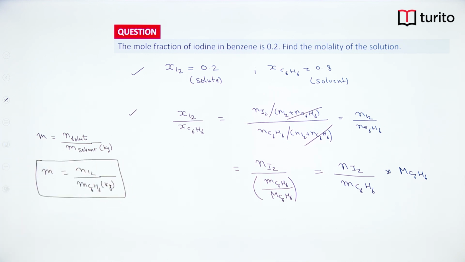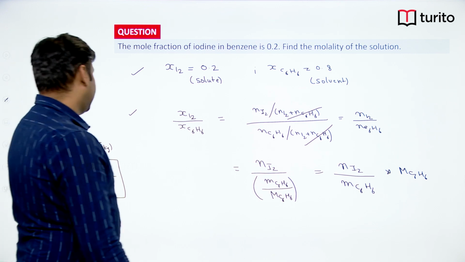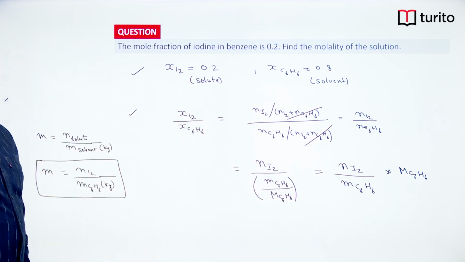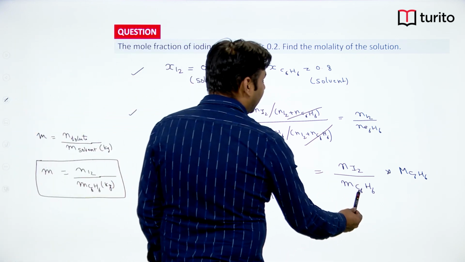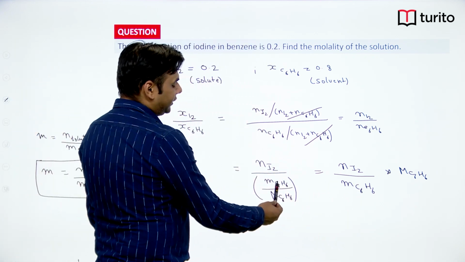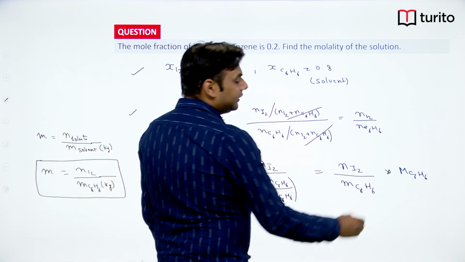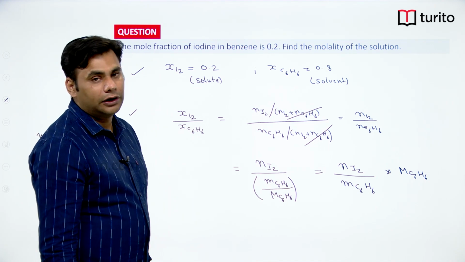You can clearly see that this term is over there, but we have expressed the mass in gram, since this is in gram and this is gram per mole. So this mass is in grams, and we need to convert it into kilogram.